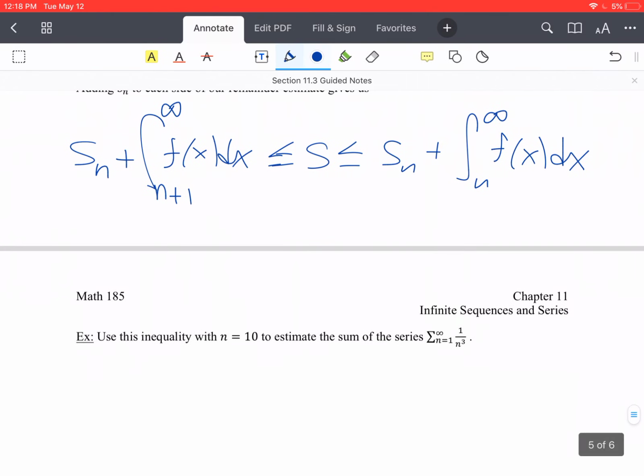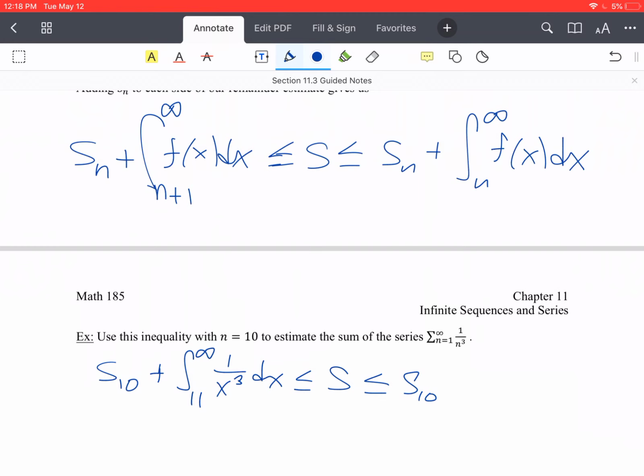So we're going to have s sub 10 plus the integral from n plus 1, so 11, to infinity of 1 over x cubed dx less than or equal to the actual sum s less than or equal to s sub 10 plus the integral from 10 to infinity of 1 over x cubed dx.